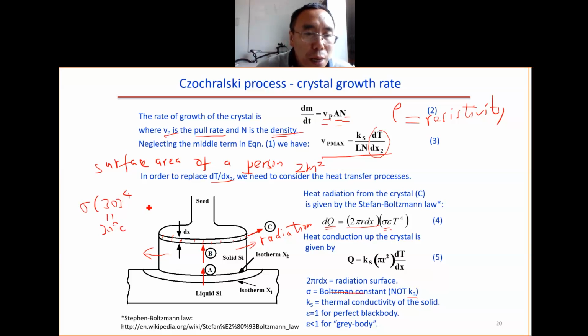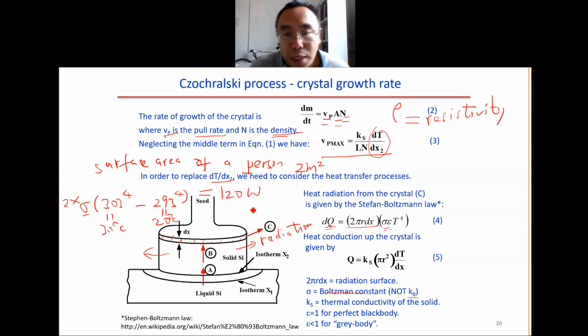We radiate heat, and the environment also radiates heat to our body. The environment is at 20 degrees, the room temperature. The difference, times the 2 square meters and sigma, gives you 120 watts. So that means our body can radiate 120 watts of heat.